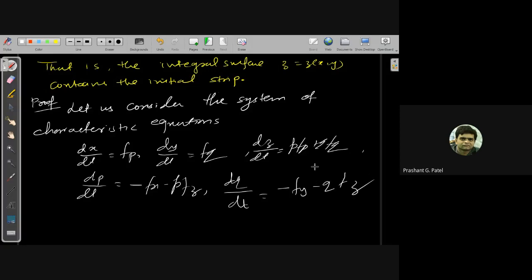These are the characteristic equations given to us, and we are considering this as the characteristic system.